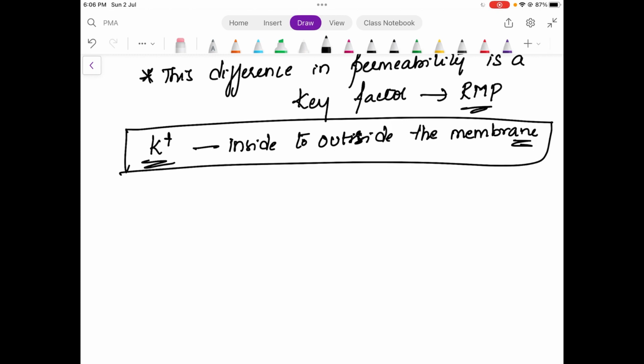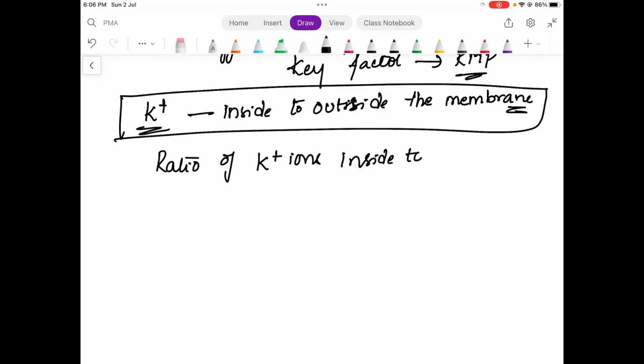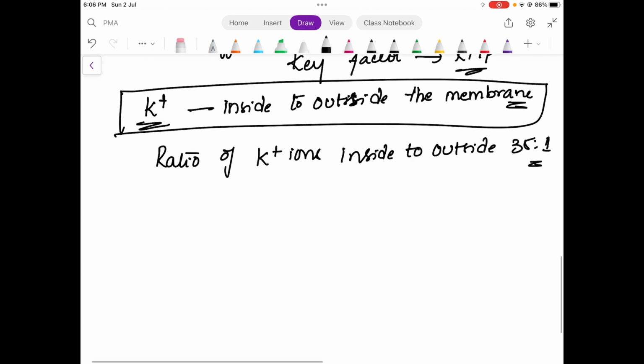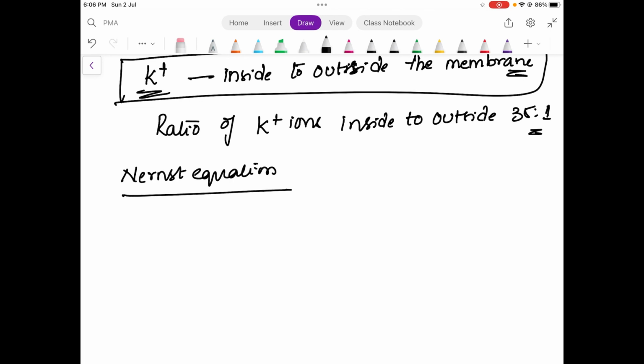They will leak from inside the membrane to the outside, and the ratio of potassium ions inside to outside is around 35:1. And with a formula, we can calculate a potential with the potassium diffusion.